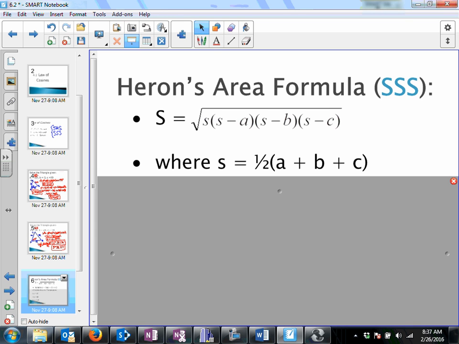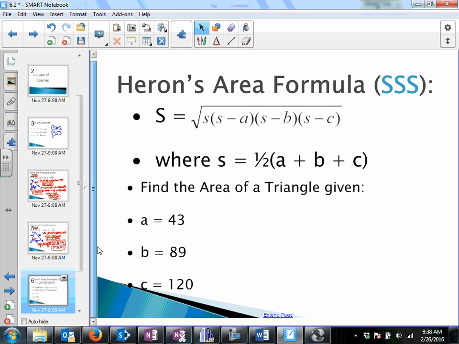Okay, so our area formula, which I really don't know why area is labeled as big S, but I think that's how it is in your book. The area is the square root of s times s minus side, s minus side, s minus side. Where we find this little s by adding up our three sides and cutting that sum in half. So the first thing we need to do is find that little s, and then plug it into our area formula.